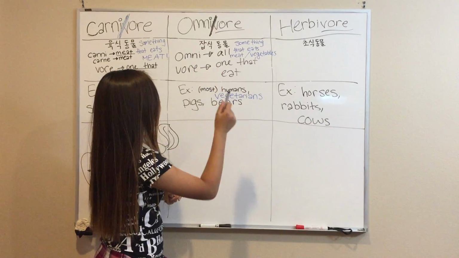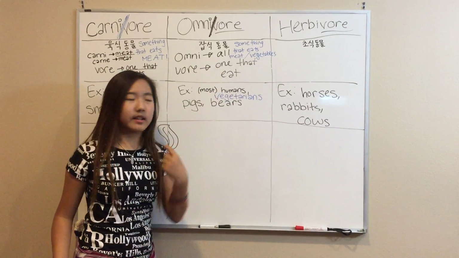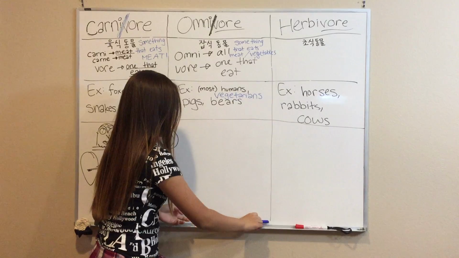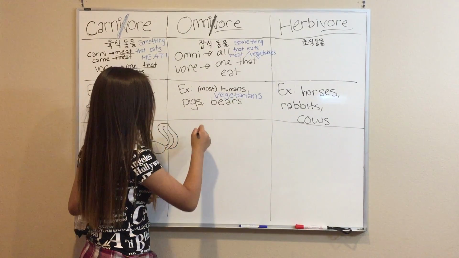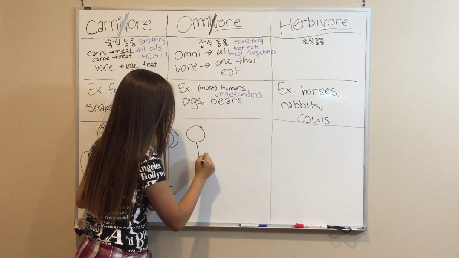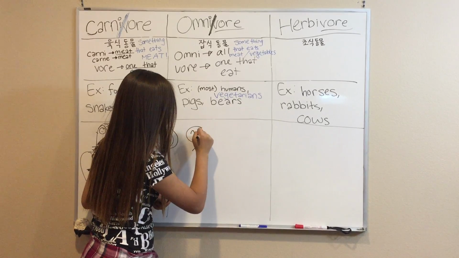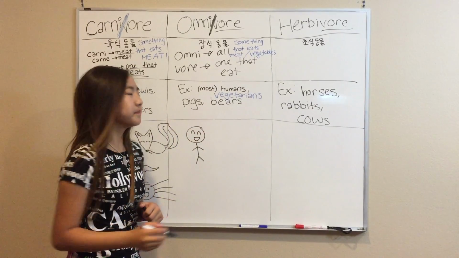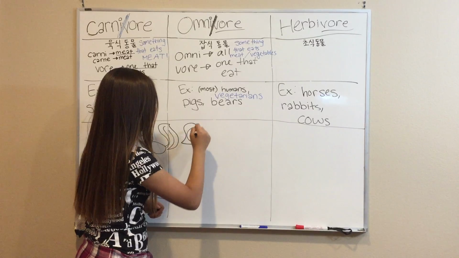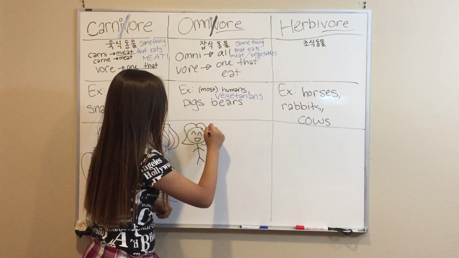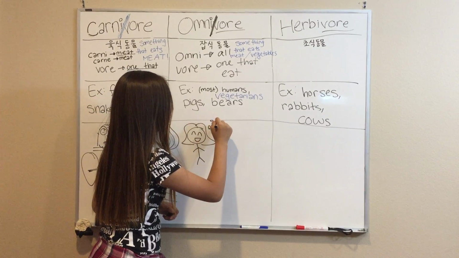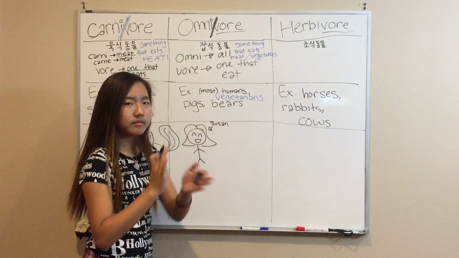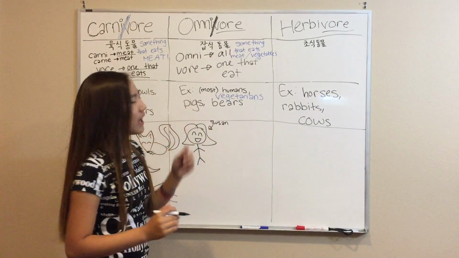And then some examples are humans, like us, which is basically just a stick figure. And let's make it a girl. Its name is Susan. Yay, okay. Now pigs.